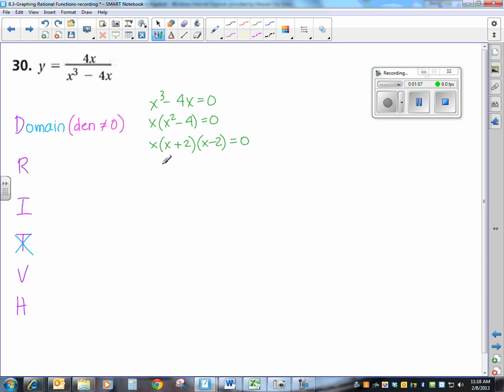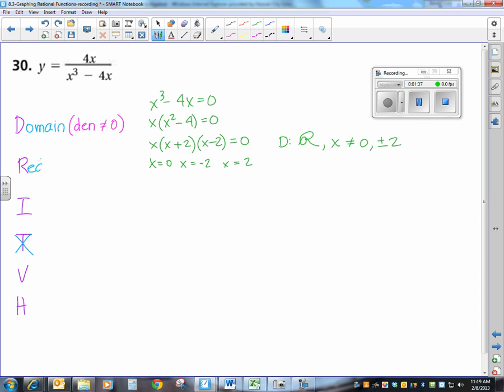That gives me my domain. If I set each of these factors equal to 0, x would equal 0, negative 2, or positive 2. So my domain is all real numbers except x cannot be 0 or plus or minus 2. That's your domain.